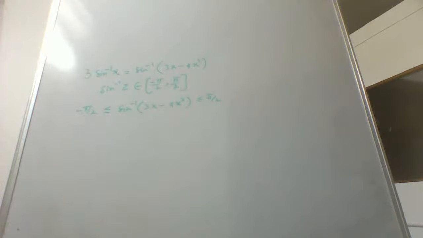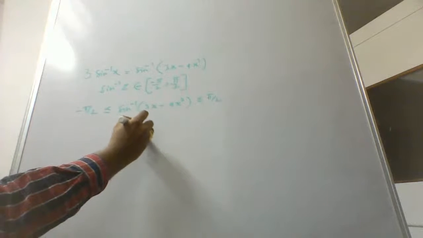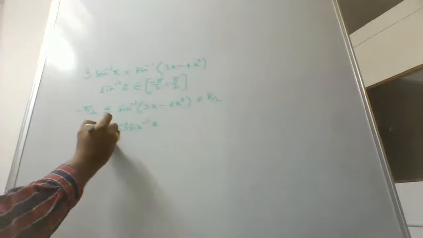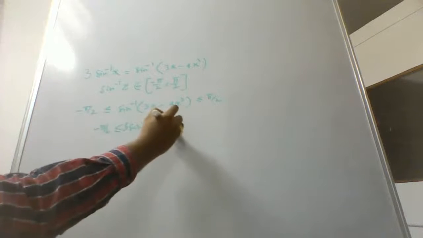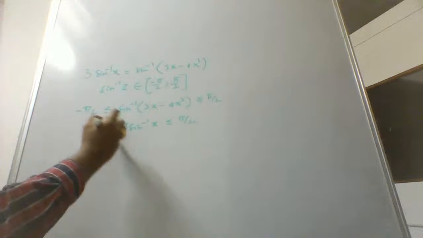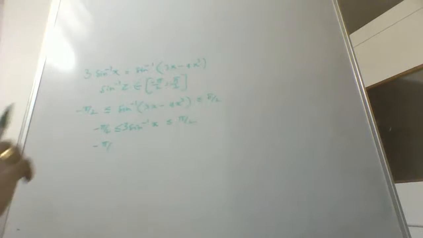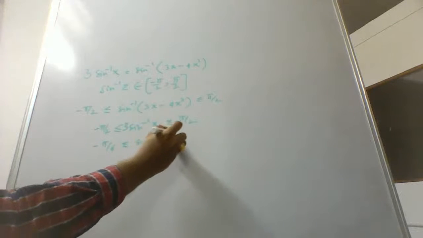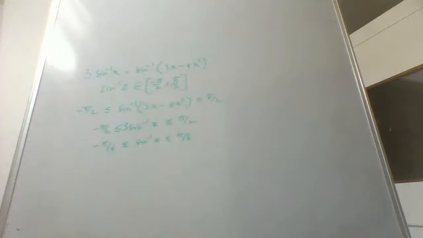Now if I try to simplify this further, I can write that also as sine inverse of x, which is less than or equal to pi by 2. And this also I can write as sine inverse of x, pi by 6.